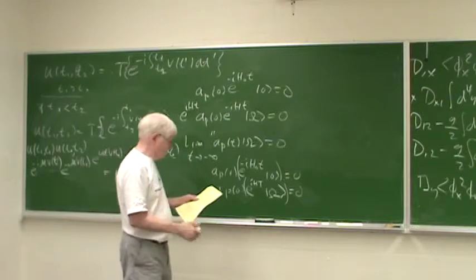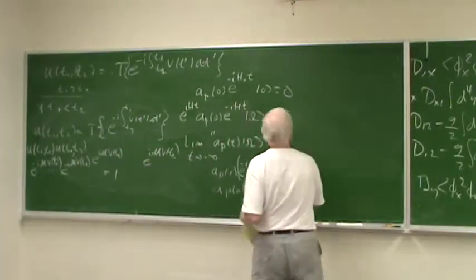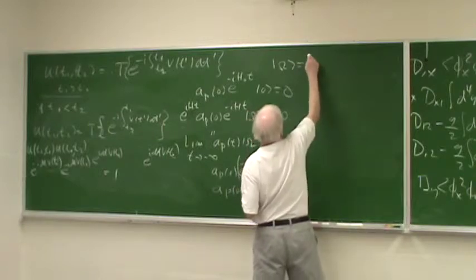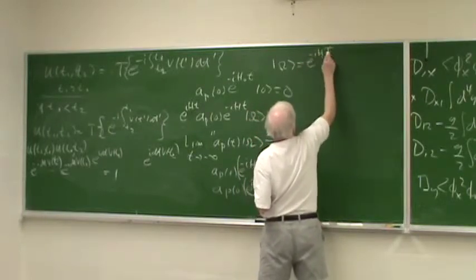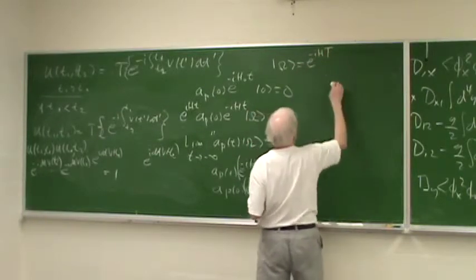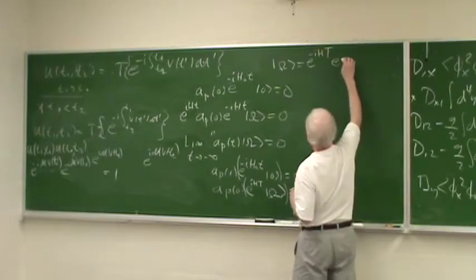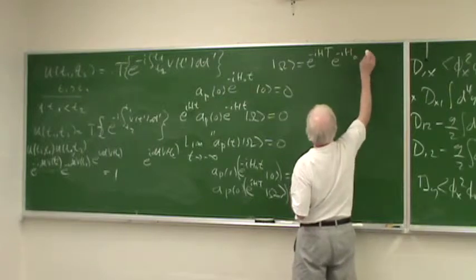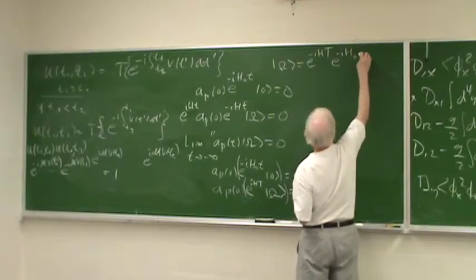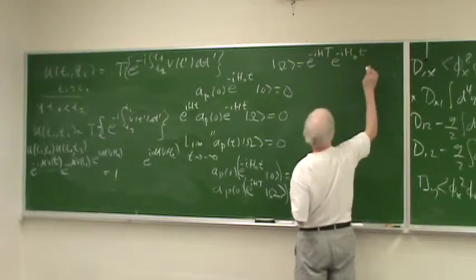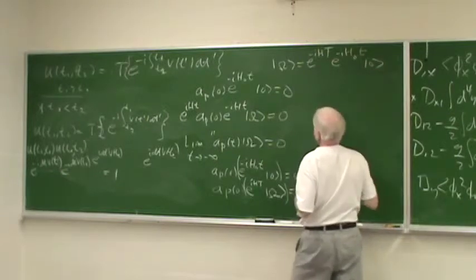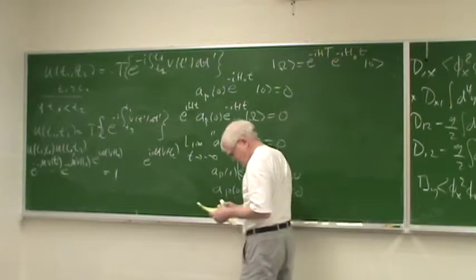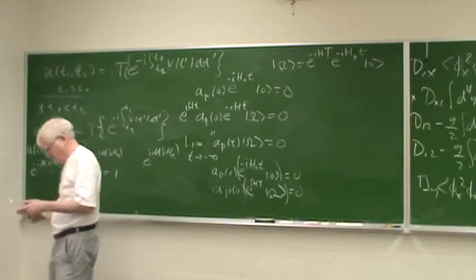And so that tells us that omega is proportional to e to the minus i H big T, e to the minus i H0 t, where t is any old t, so let me just put t there, because that's a flexible t. There might be overall constants there.